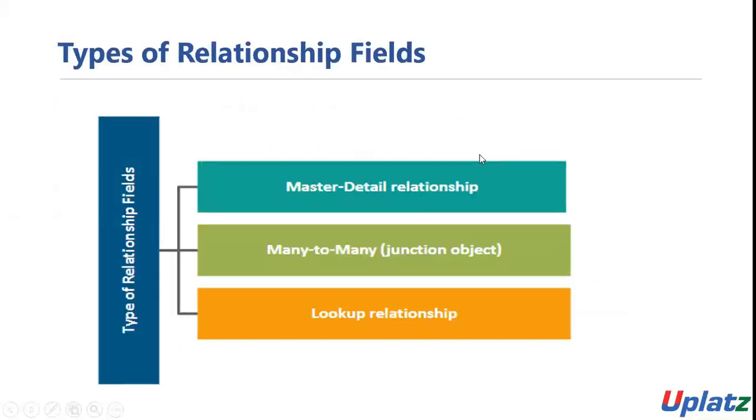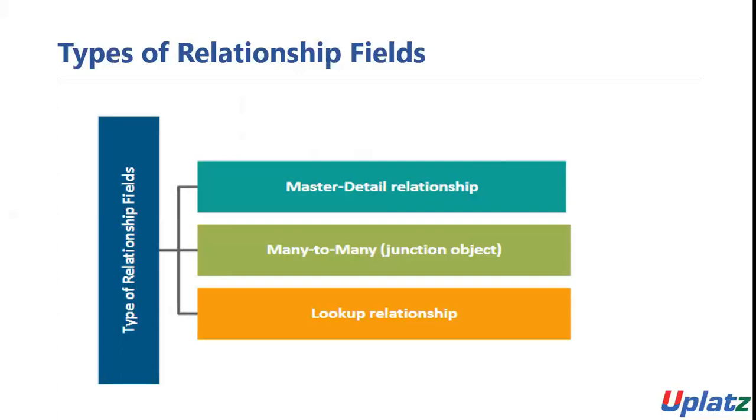Types of relationship fields. As we already know, the types of relationships are many to many, one to one, and one to many relationships. But in custom objects, most of the time we will be using either master detail relationship or lookup relationship.